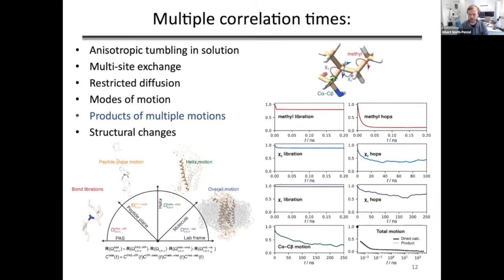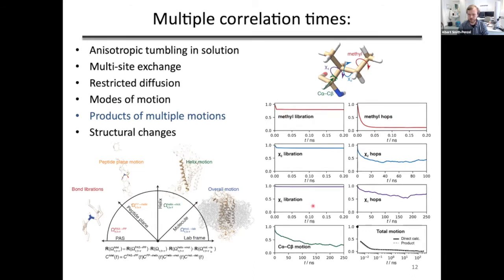It's also rotation around the chi2 bond, also rotation around the chi1 bond, and also motion of the C alpha C beta bond. And each of those rotations can be broken up into 120-degree hops, and also a librational motion in between those hops.